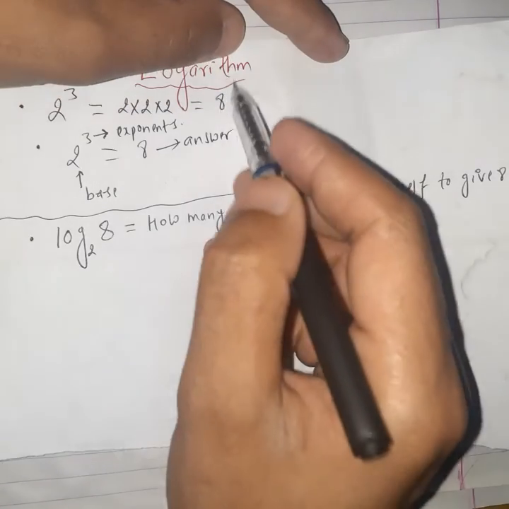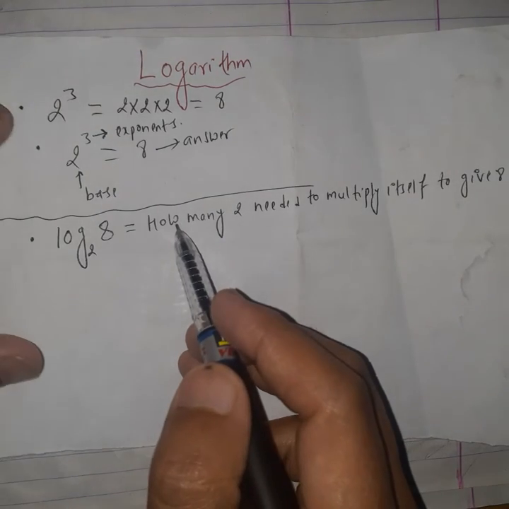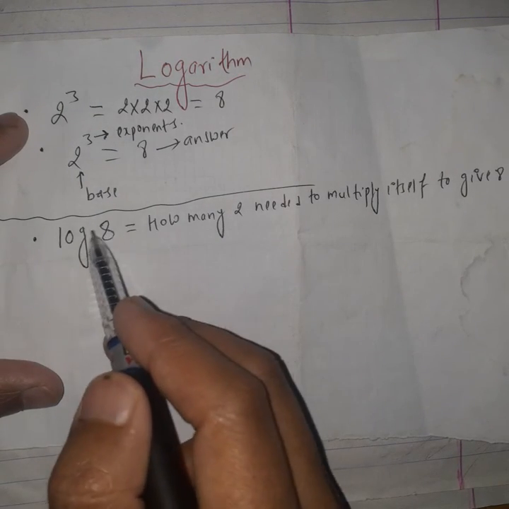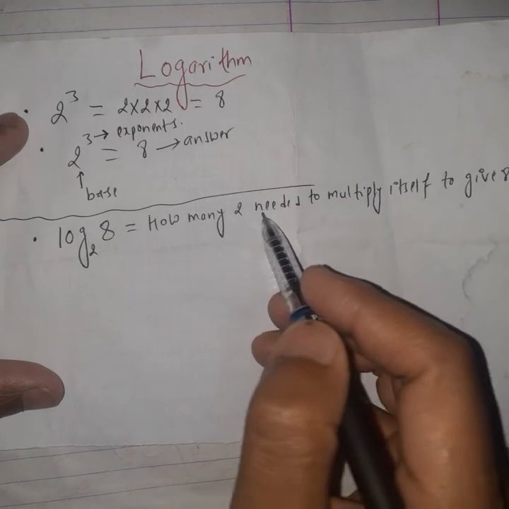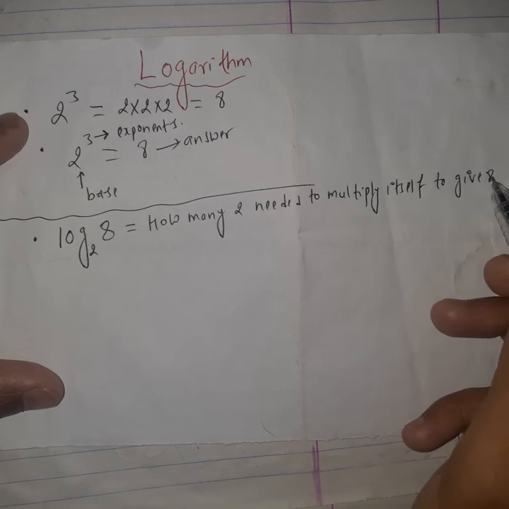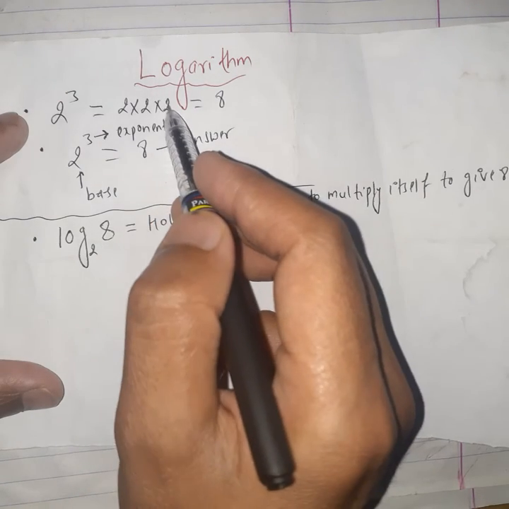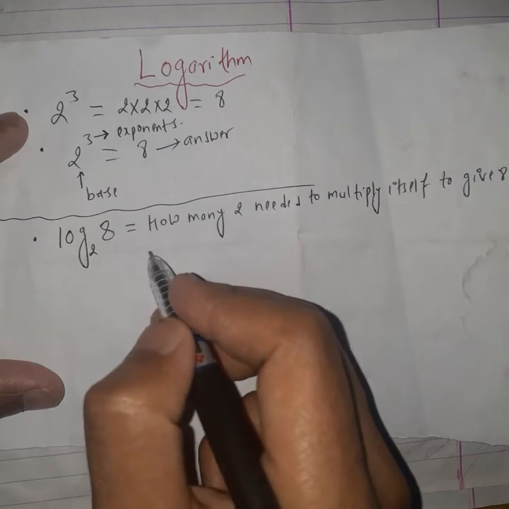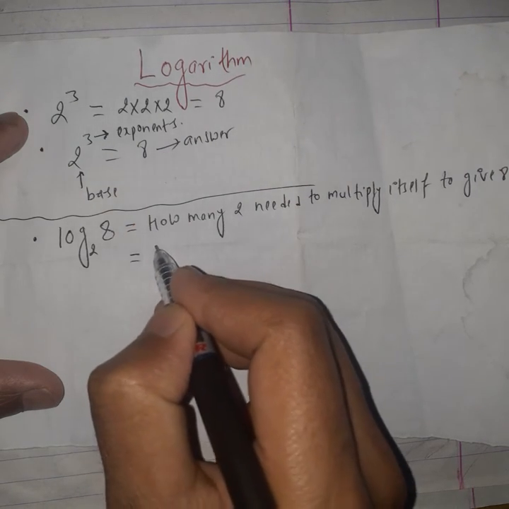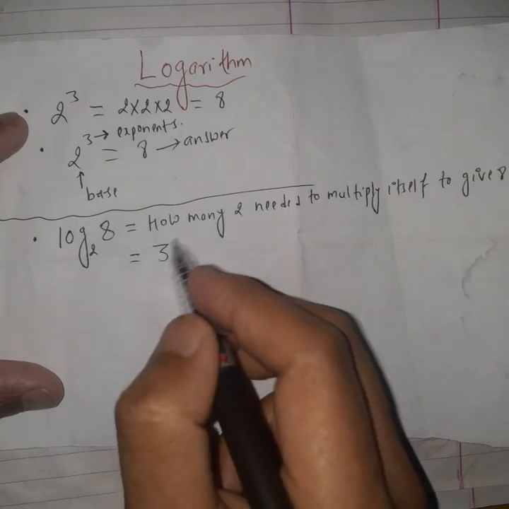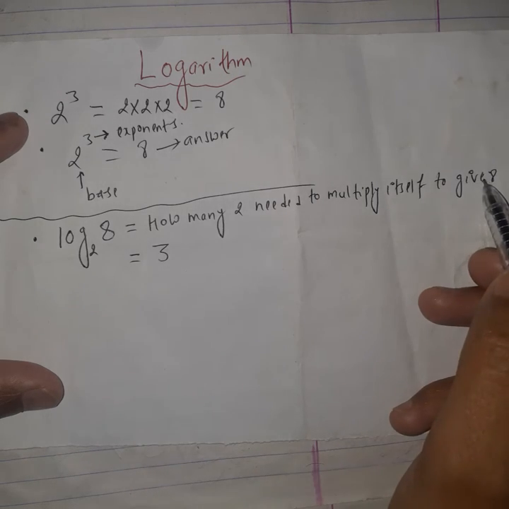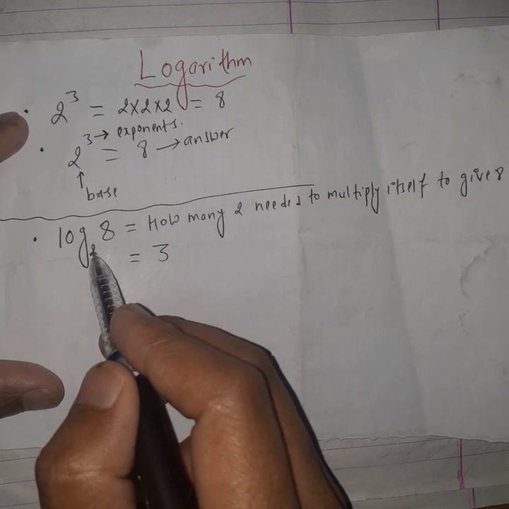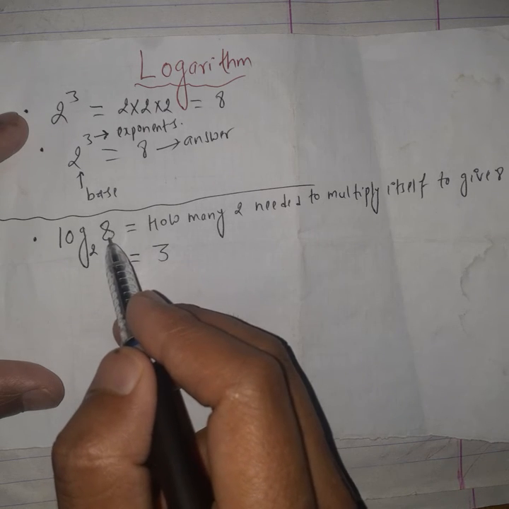It is just the opposite of the exponent form. The meaning of log to the base 2 of 8 is how many 2s needed to multiply together to give the number 8. Here, 1, 2, 3: 3 are needed. Three 2s are needed to multiply to give the number 8. Or we can say that the power of 2 is 3 to produce 8.